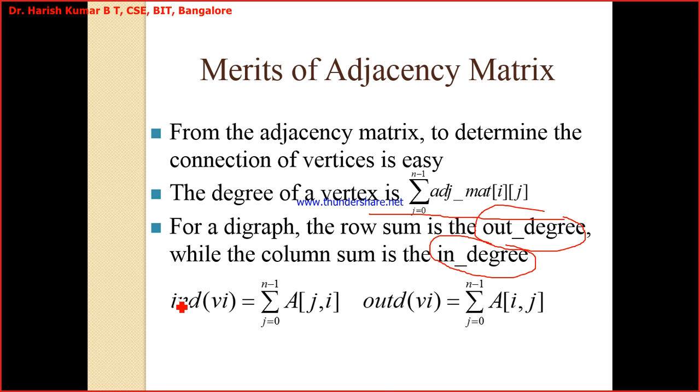So the in degree of a vertex in a digraph is the column sum, and similarly the out degree of a vertex in a digraph is the row sum. It is just the interchanging of i and j. It was j and i here, and it is i and j here.